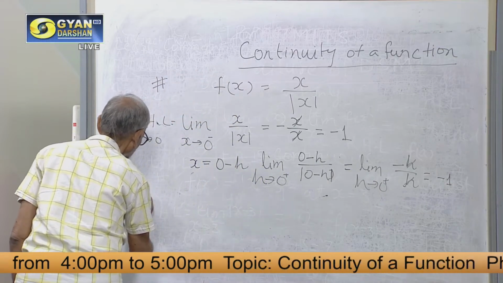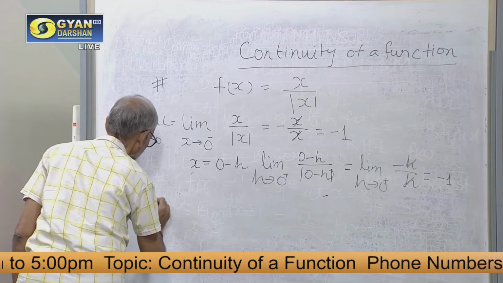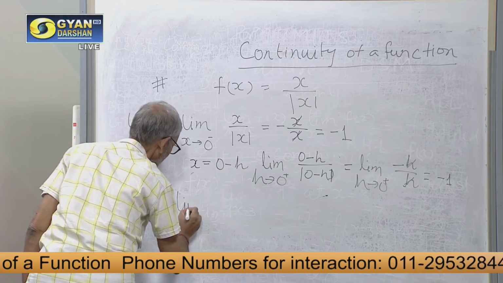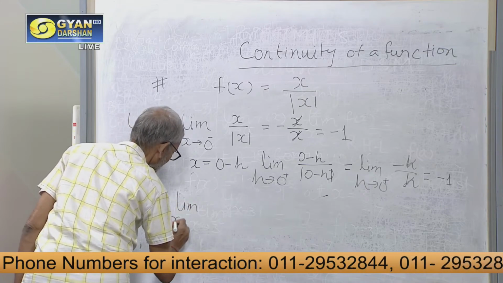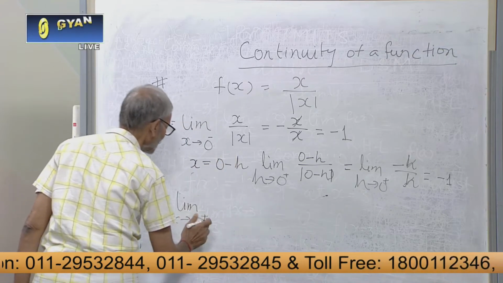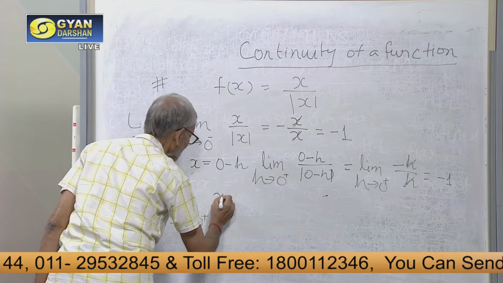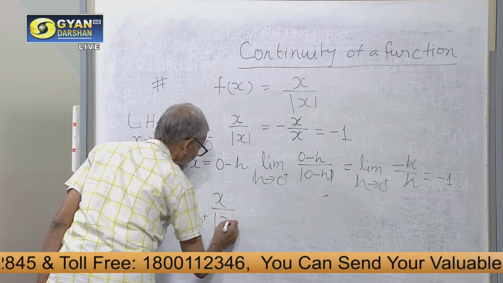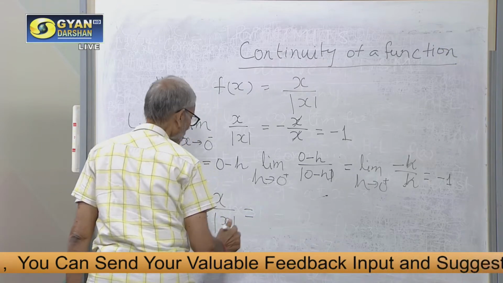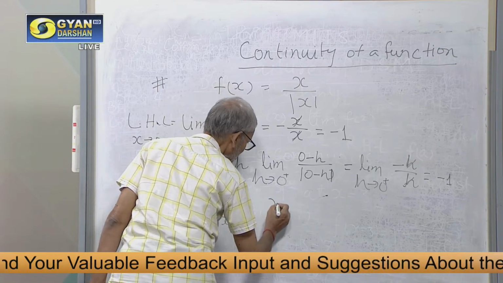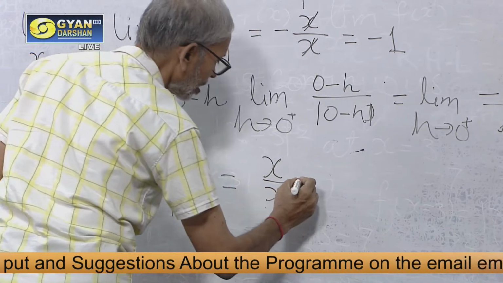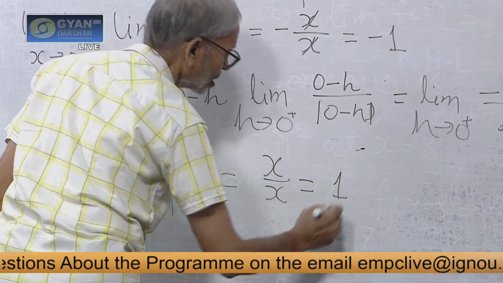If we take the right hand limit, what result will come? Limit x tends to 0 plus. So, we are coming from the right side. In that case x divided by mod x, x will be slightly more than 0, so its value will be x upon x, which is a positive quantity. So, it will be equal to 1.